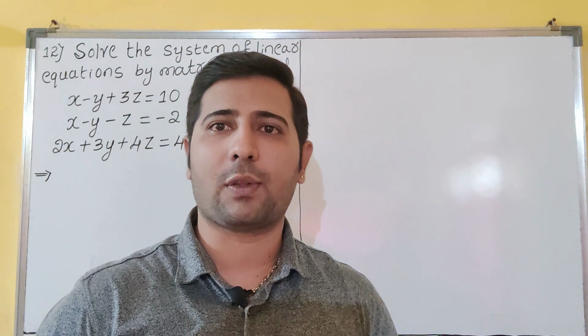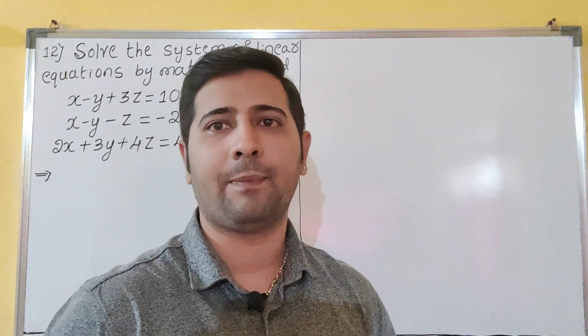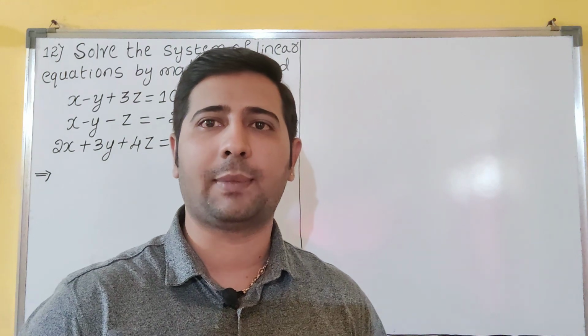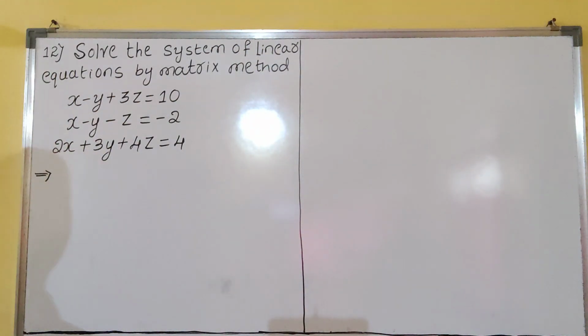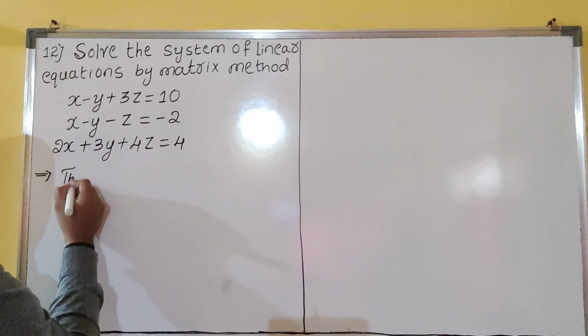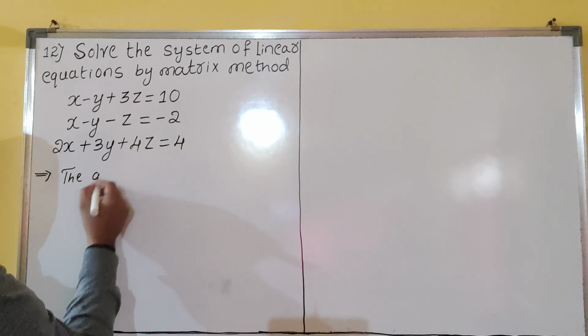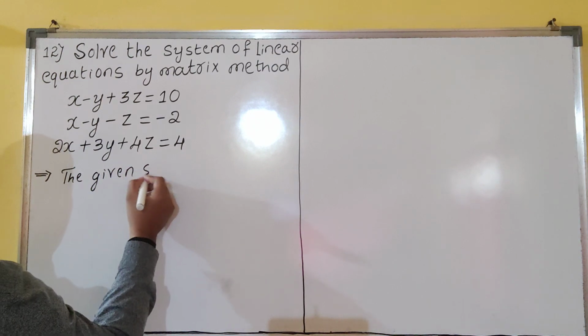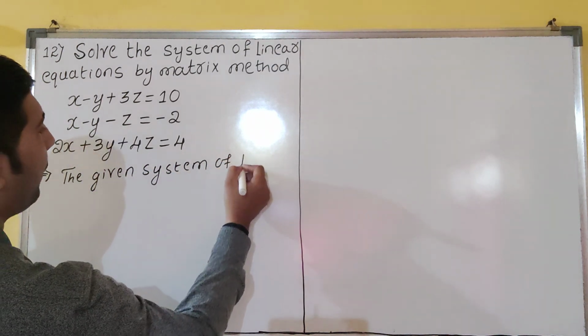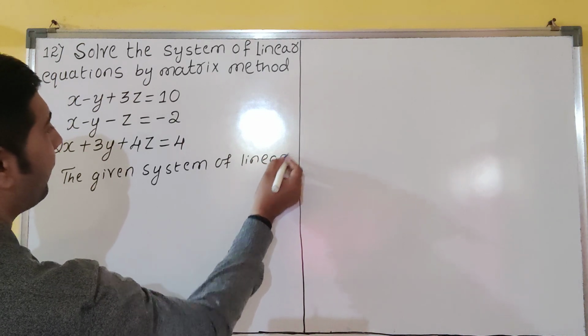This is a very easy question, a lollipop sum you can say. Easily you can solve it, like in previous videos where we have solved many sums. Similarly you can solve this also. First you write the given system of linear equations.